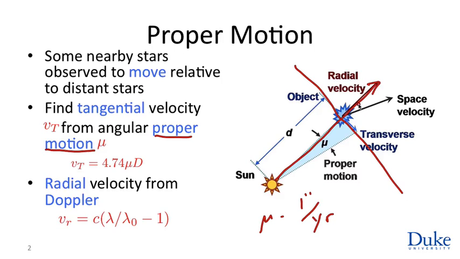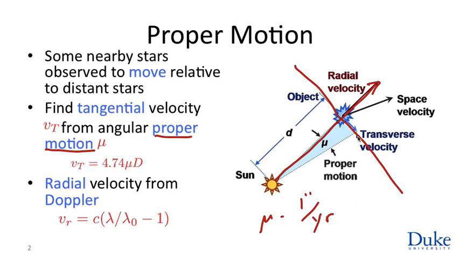And we think separately of radial motion, that's motion towards us or away from us, which does not change the star's position in angular terms in the sky, and transverse motion, which is motion along the sky relative to the other stars. And proper motion captures any motion in the transverse direction.